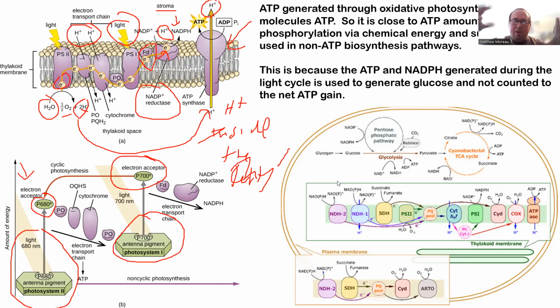the outside of the thylakoid, not inside the thylakoid, where these hydrogens can now either end up here by creating electron carrier species or come back to the electron transport chain and be shuttled back across the membrane. And this is where we get the sense of cyclic photosynthesis, right?